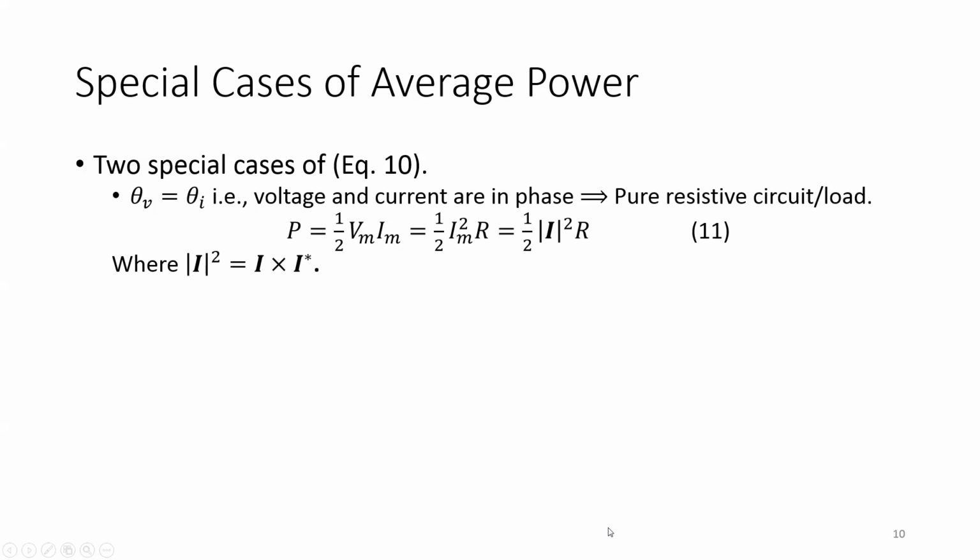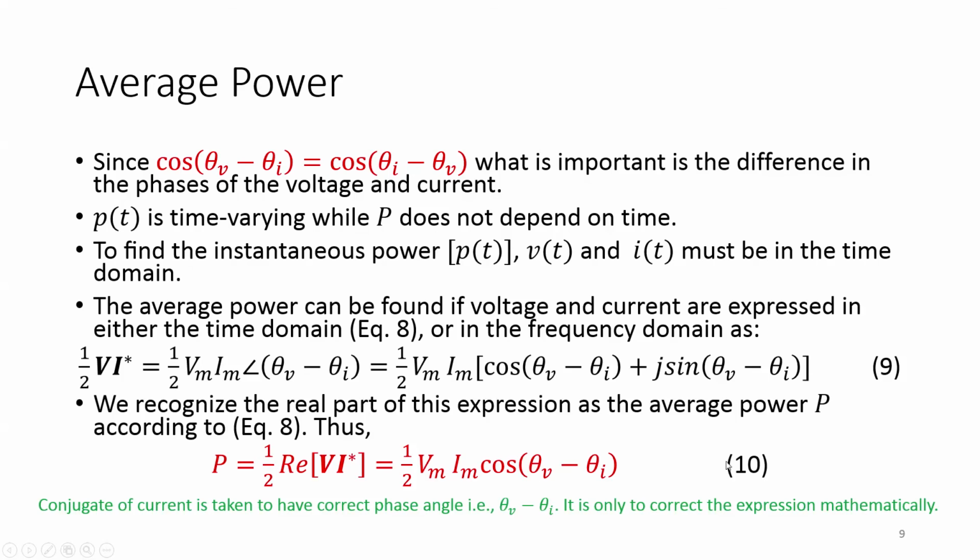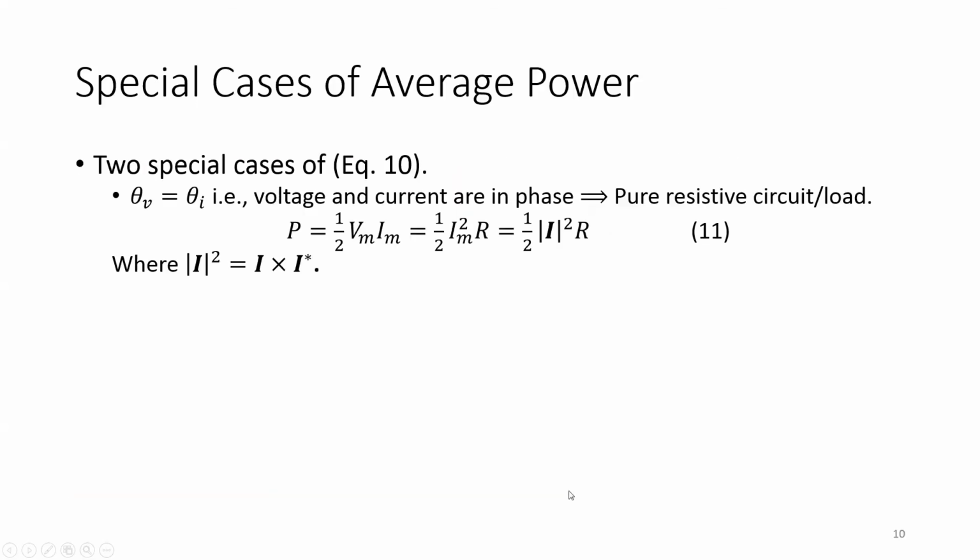Two special cases of equation number 10. What's equation number 10? This is equation number 10. The first special case is that theta v is equal to theta I. This means that current and voltage are in phase, which is only possible in the case of purely resistive loads.